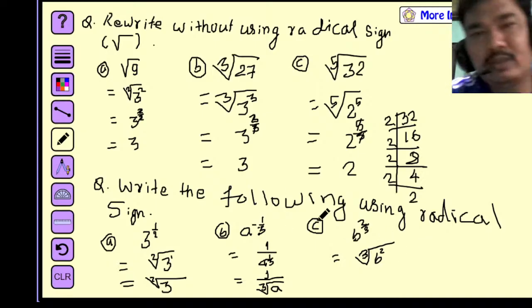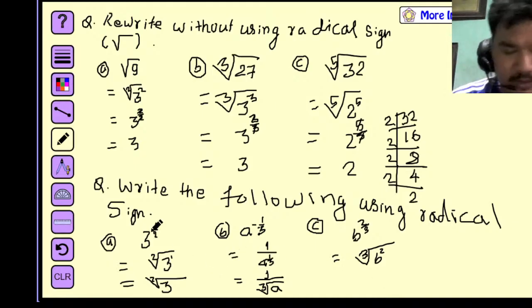This is the way to use the radical symbol for the given numbers. I hope you're clear about this. The use of radical symbol will be like this, okay.